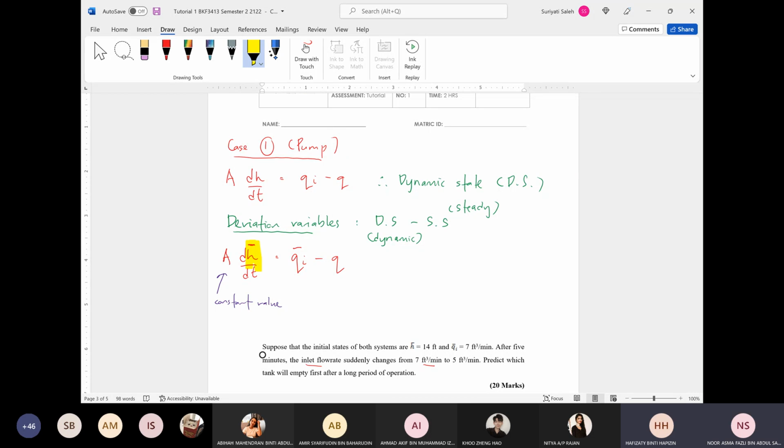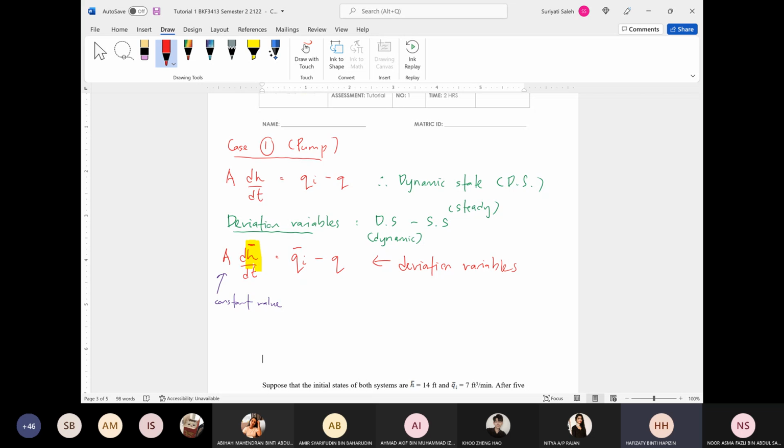So this is what we call deviation variable equation. Deviation form or deviation variable. Based on this, this is what we call steady state condition.